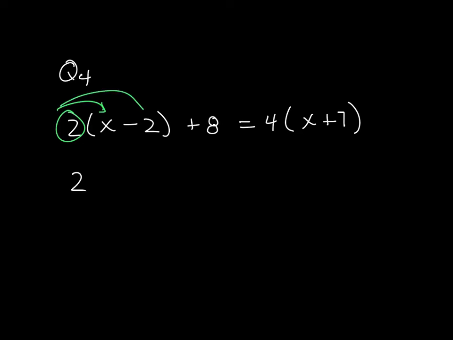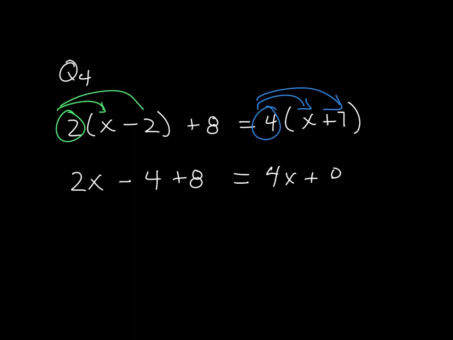Then that leaves me with 2x minus 4. And the 8 I just go ahead and bring down, so that's a positive 8, is equal to, same process on this side, I'm going to take the 4 and multiply it times x and multiply it times 7. And that's going to leave me with 4x plus 28.